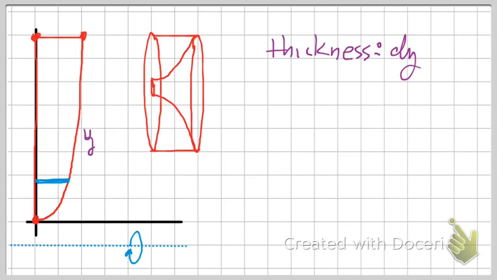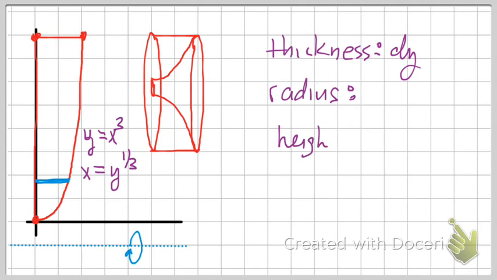So that means this y equals x cubed graph we would need to rethink as x equals cube root of y, or x equals y to the 1/3. Okay. And for shells, we need radius and height.